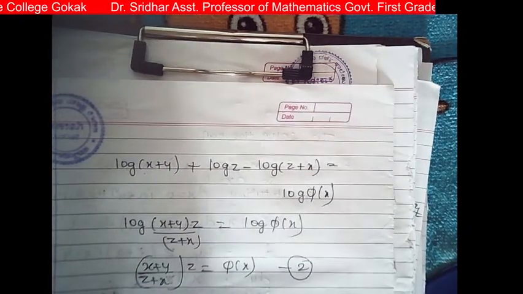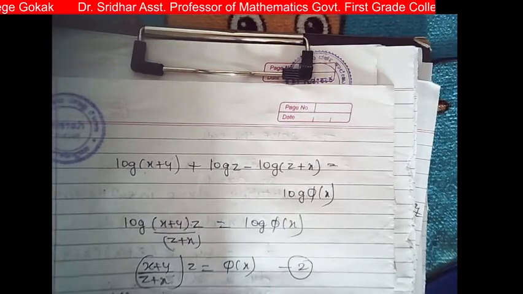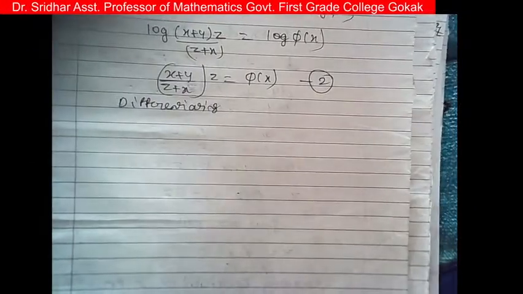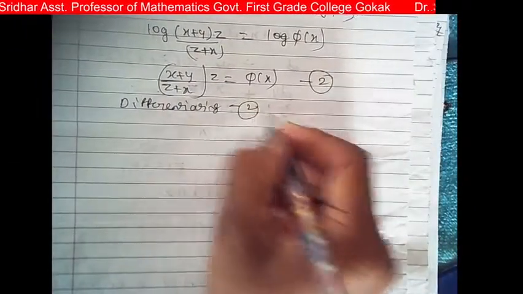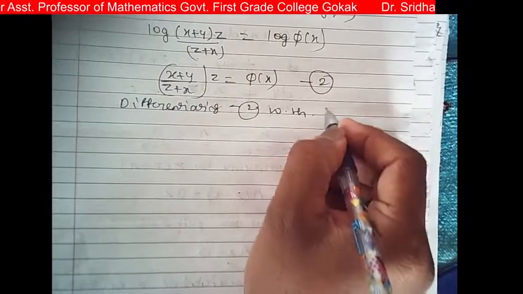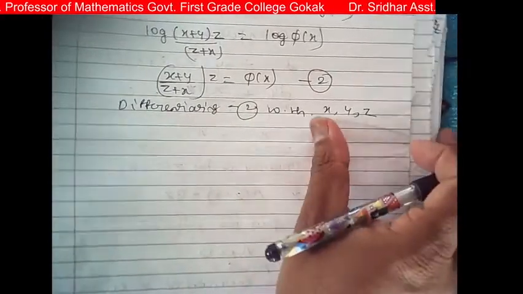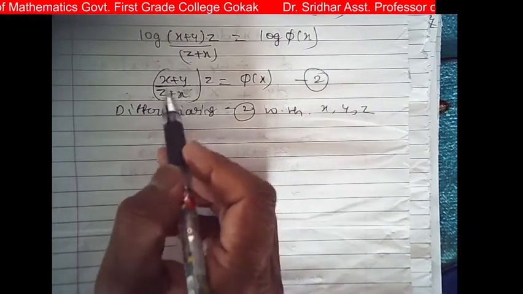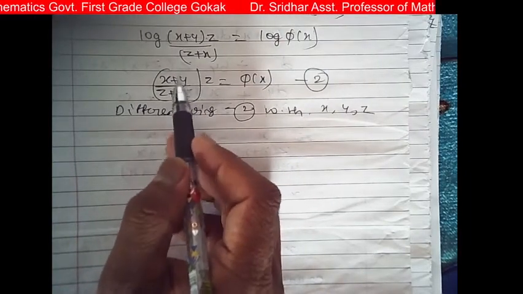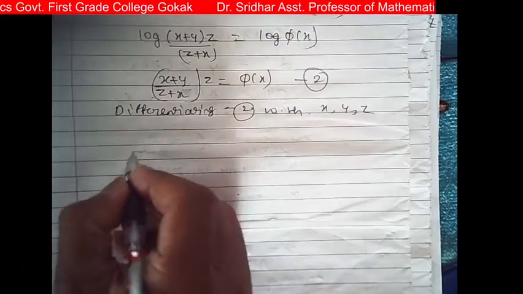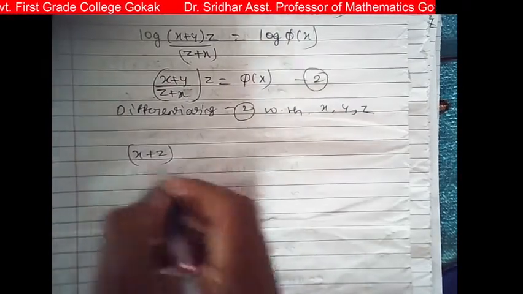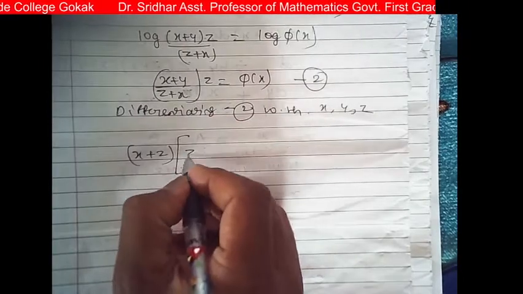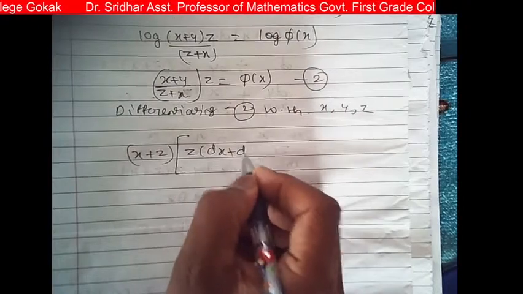Now differentiating 2 with respect to all of x, y and z, here we apply the quotient rule. So first is x plus z as it is. Now differentiation of this term gives z into dx plus dy.